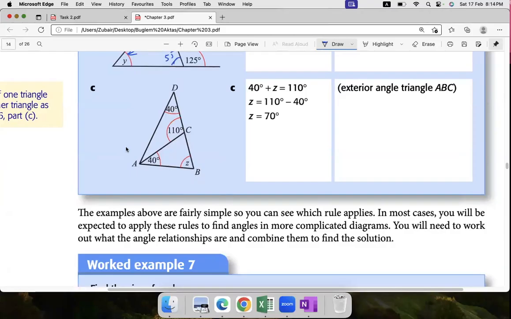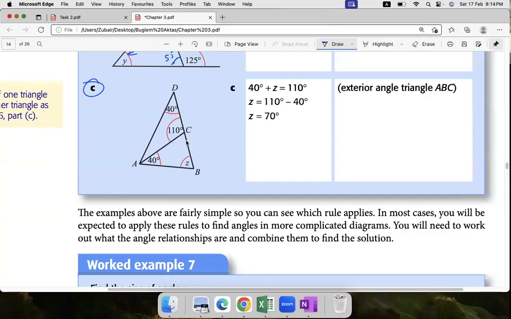Okay, C part. How do you see this? And then Z would be 110.